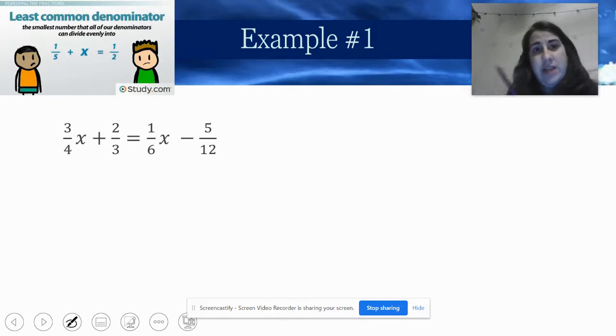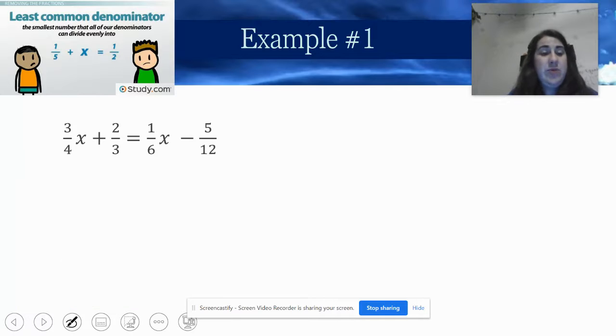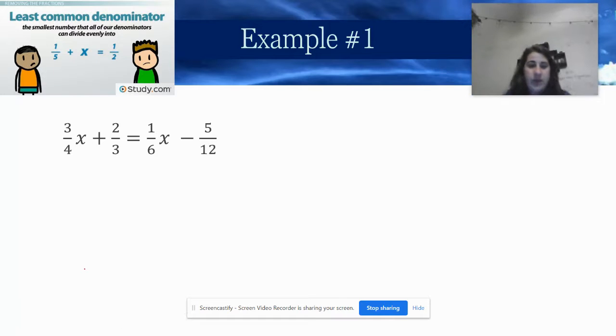So I'm going to go straight in with an example, and then I'm going to talk about what I did. For ease of use, I am going to put parentheses around each term.